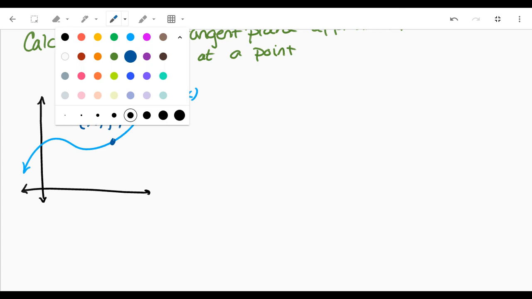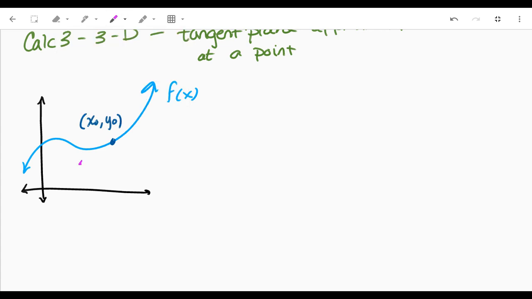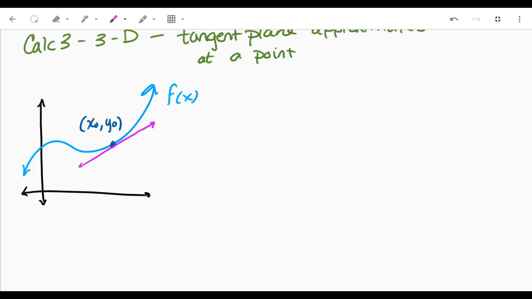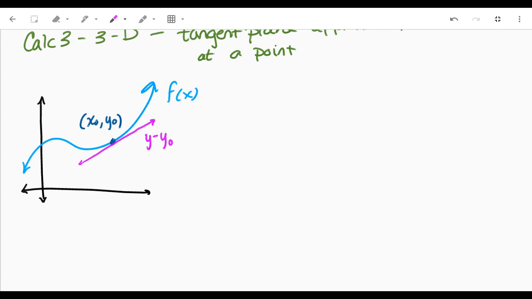Then if we draw in our tangent line, the equation of that line would be y minus y naught equals f prime of x naught times x minus x naught, because it's a line. We have the point on it, x naught, y naught, and we have the slope of it, which would be f prime of x evaluated at x naught. Now that purple line does a good job approximating that blue curve close to the point, but you can see the farther away we get from the point, the less accurate it is at approximating what's going on there.